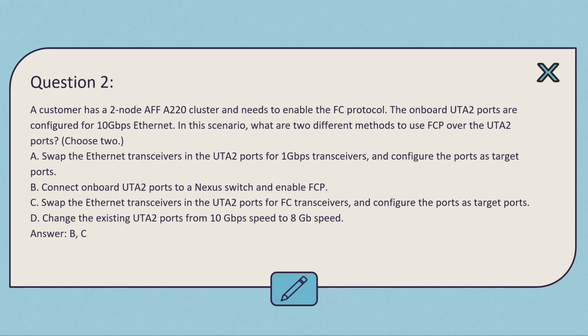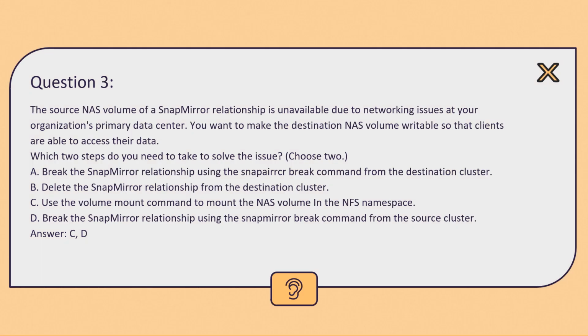B. Connect onboard UTA2 ports to a Nexus switch and enable FCP. C. Swap the Ethernet transceivers in the UTA2 ports for FC transceivers, and configure the ports as target ports. D. Change the existing UTA2 ports from 10 gigabits per second speed to 8 gigabits speed. Answer: B, C.